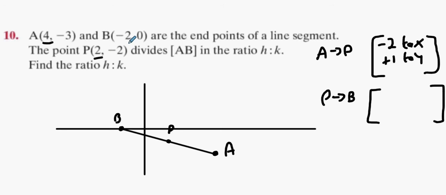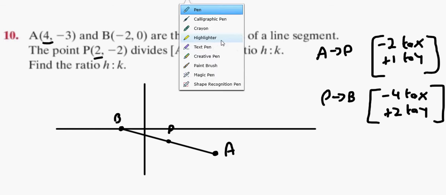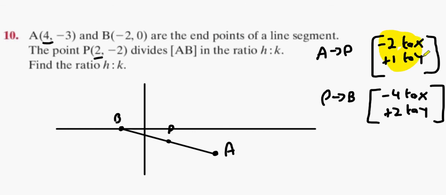I lost minus 4, and plus 2 on the y front. Comparing both sets of data, what do you think? Ratio of 1 is to 2. One of them is twice as big as the other one. You get that? Yeah.